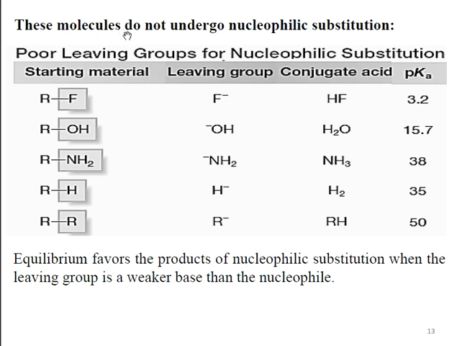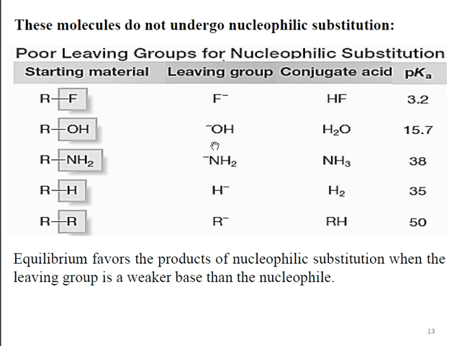And these molecules don't undergo nucleophilic substitution. This compound cannot enter replacement with the nucleophile. Why? Because fluorine is not a good conjugate base. Look, all these are conjugate bases, or leaving groups. The F- is not stable. Why? Because fluorine has a small size.